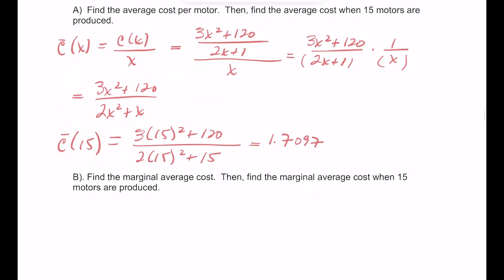So if I multiply that by 100, that gives me $170.97. So that just tells me the average cost per motor is about $170.97 when you have a production level of 15 motors.